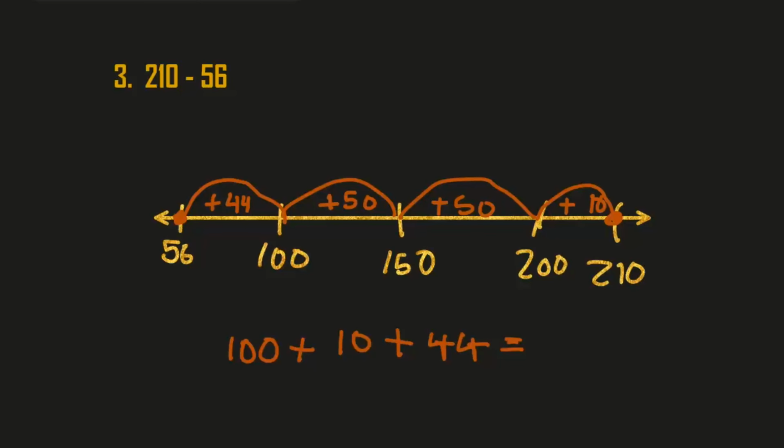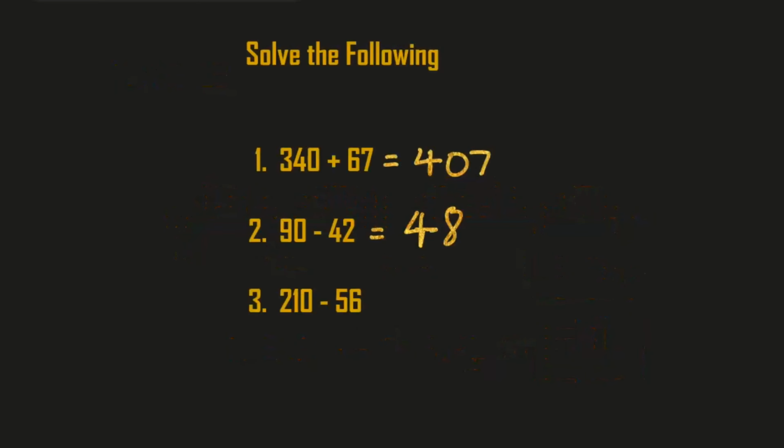Now, let's do 110 plus 40, compensation again. So, 110 plus 40 is 150. And 150 plus 4, we have a 4 left. So, if we compensate it, our answer is 154. Now, circle it or box it, go back here, and write equals 154.